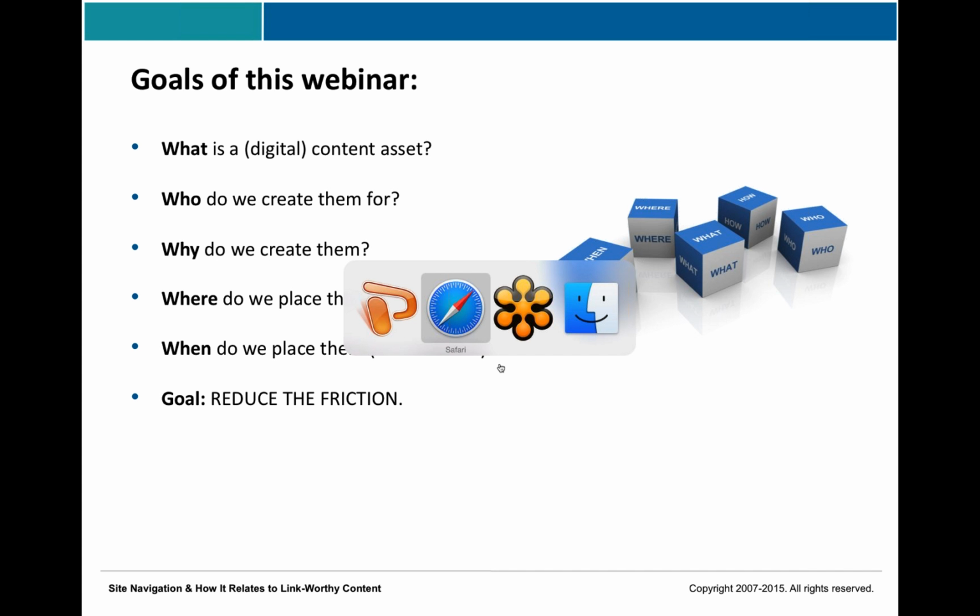So if I had to, I guess the third takeaway would be, and this is the kind of epiphany for me when I realized what Shari's impact could potentially be on thinking through how linkable content should live on a website, is just that URL structure.